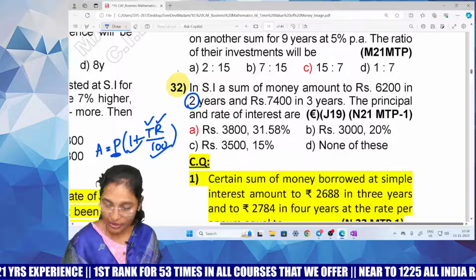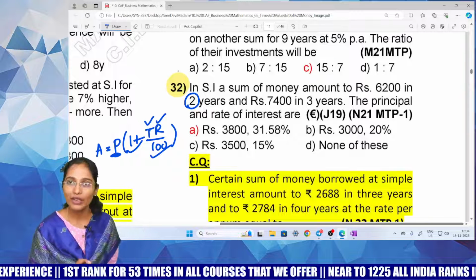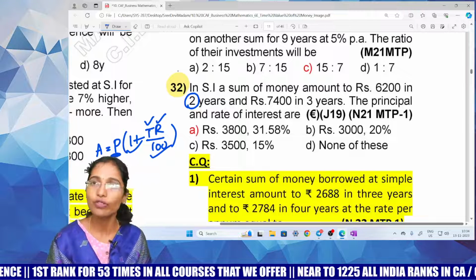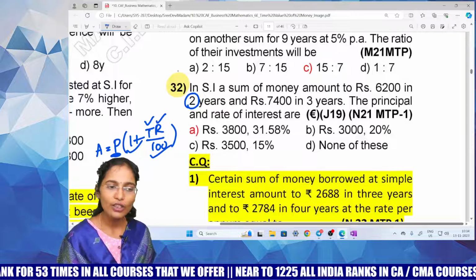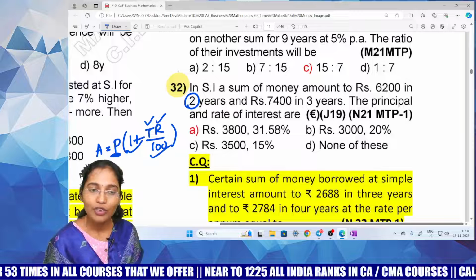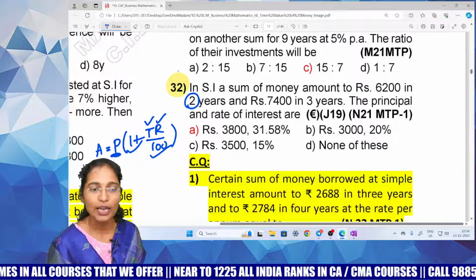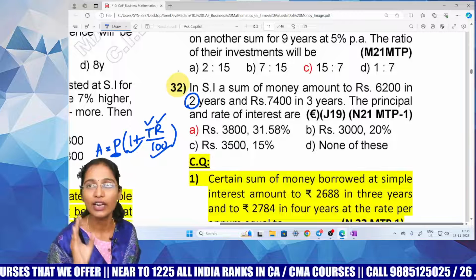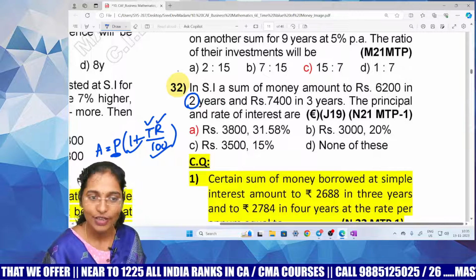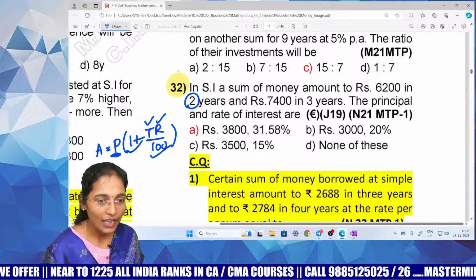So, how much is this? 7,400.012, which is approximately 7,400 only, right? Yeah, go ahead with option A only. Got it? So, for option A, we are getting the possible answers. So, option A is the correct answer.